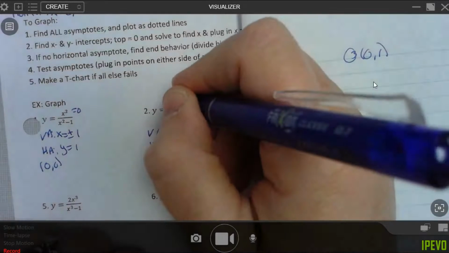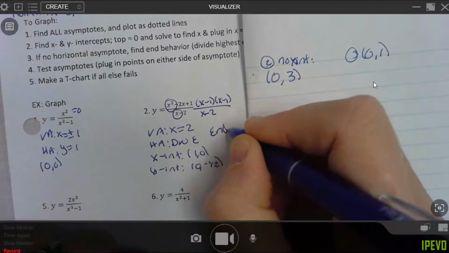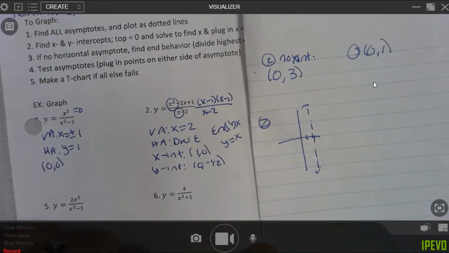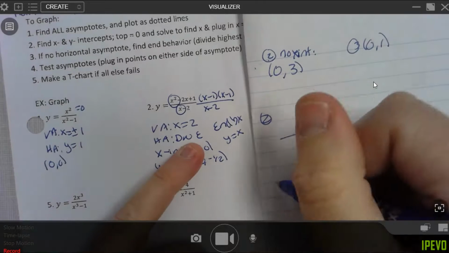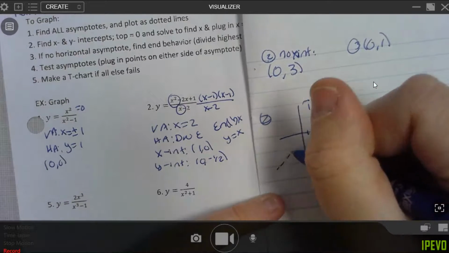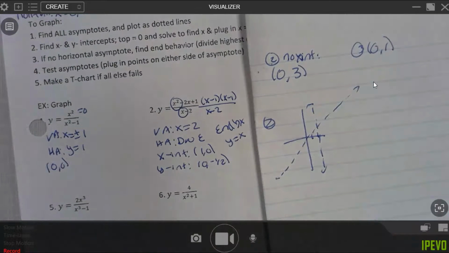So if I do x squared divided by x, that gives me an end behavior of y equals x. And it's almost always y equals x, a half x, 2x, negative a half x. So all you're going to have is a dotted line. And you could move this up and down, and you'll learn that next year in your class. You have to do long division, which we don't do. So we're going to leave it like just always go through 0, 0.